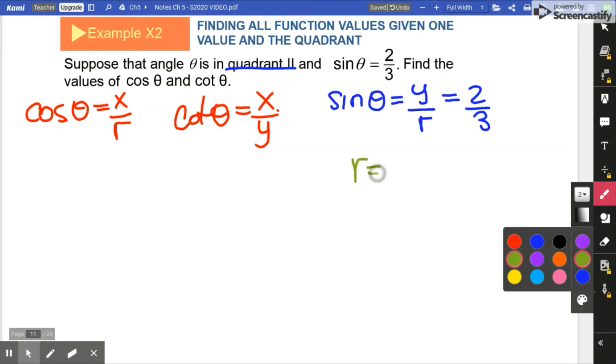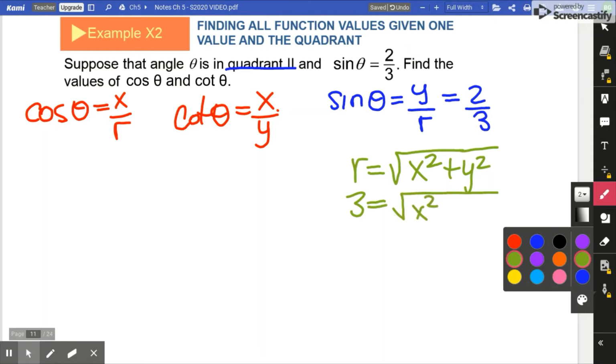So let's do what we did yesterday. Yesterday we had this formula that said r equals square root of x squared plus y squared. And what we can do here is stick that 3 in for r. We don't know what x is, but we do know that we're calling y that 2 there.